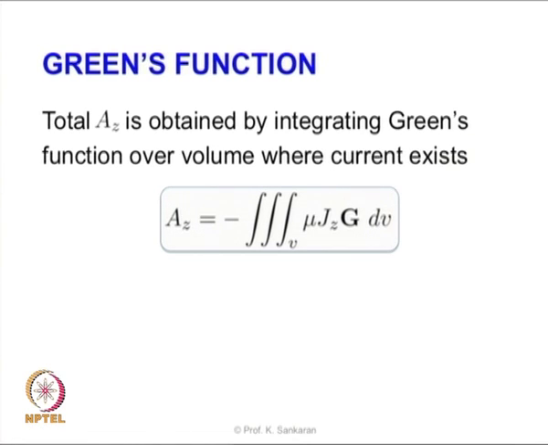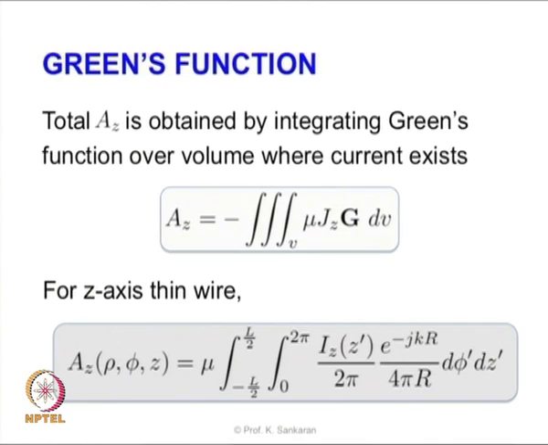So what we are going to do now is transform this expression using the value of the Green's function, and with the understanding of what the value of Jz is going to be. We know Iz, which is the current that is flowing through the conductor, and we are transforming this volume integral into a surface integral, and the surface integral is going to be from 0 to 2 pi.